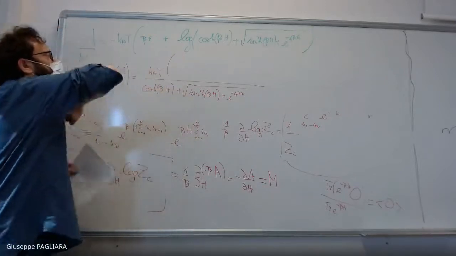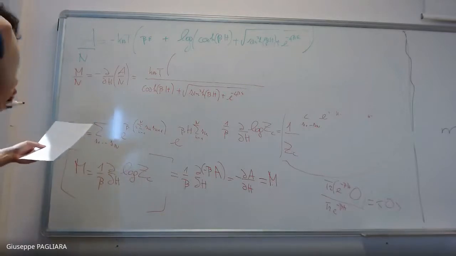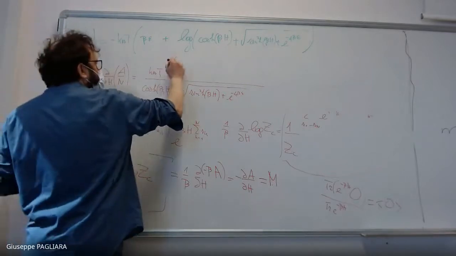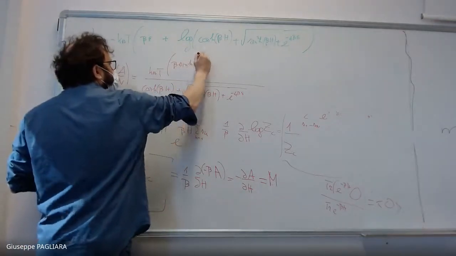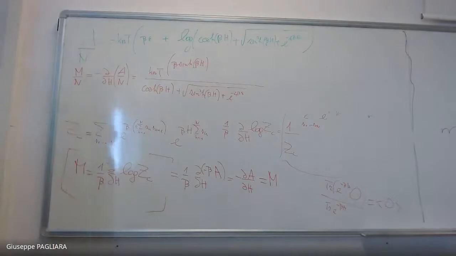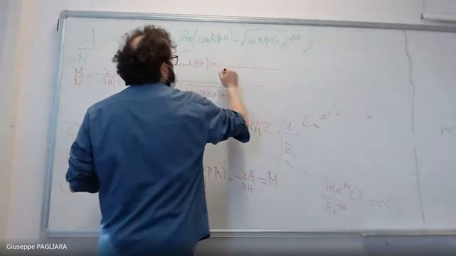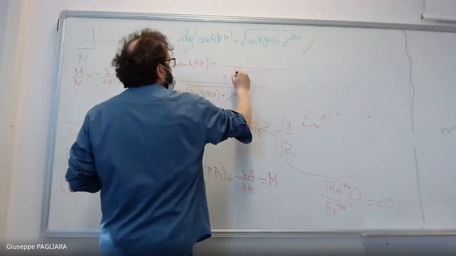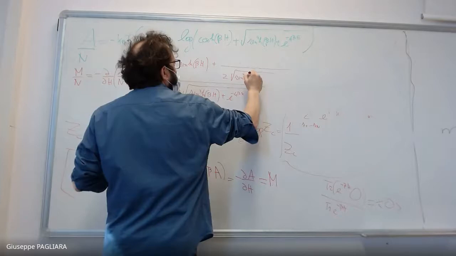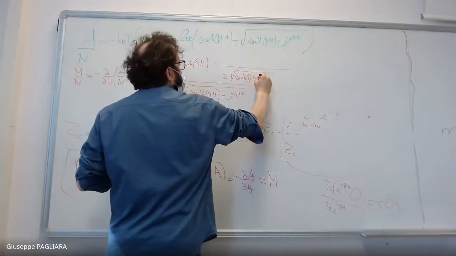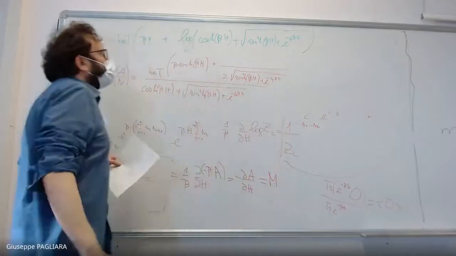And so here I have beta sinh of beta h. Okay. Then I have here 2 square root of cosh² beta h plus e to the minus 4 beta epsilon.